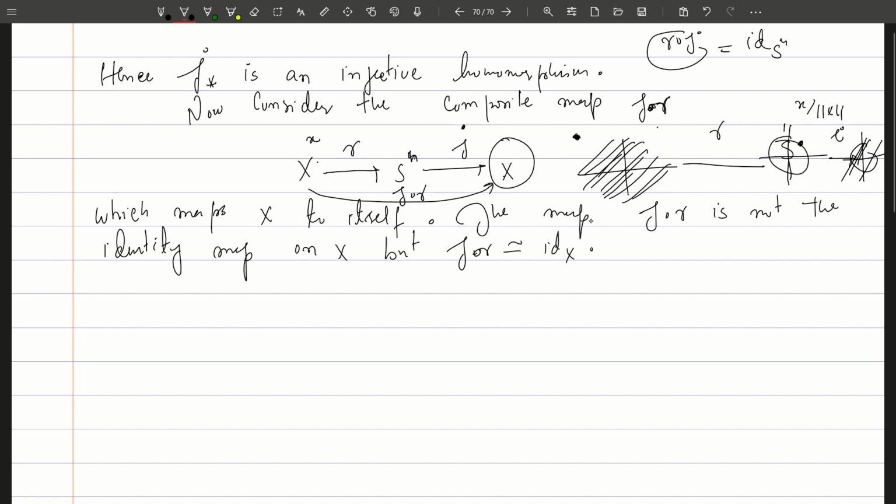We have not proved this yet, so for this we have to exhibit a homotopy.